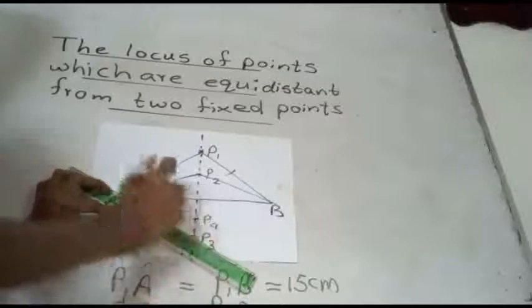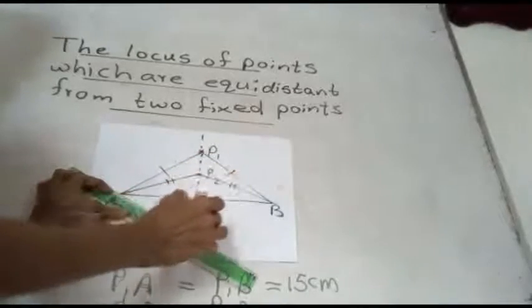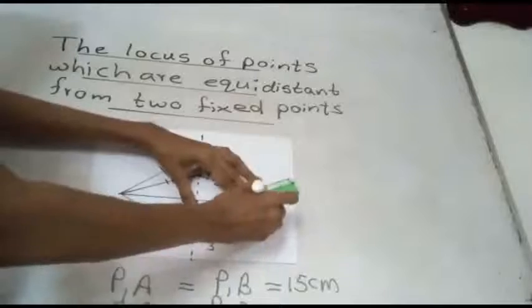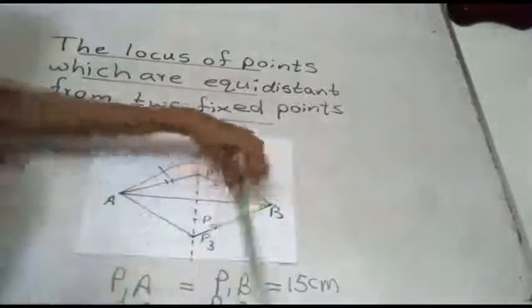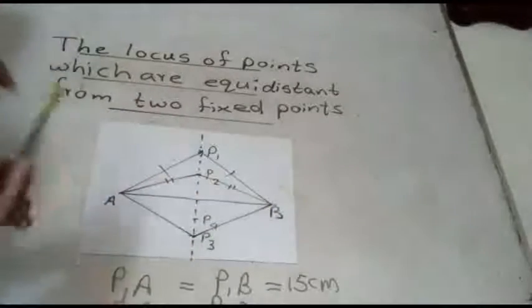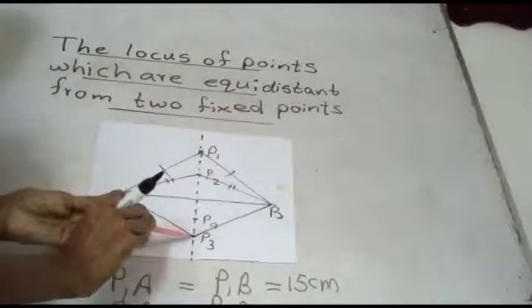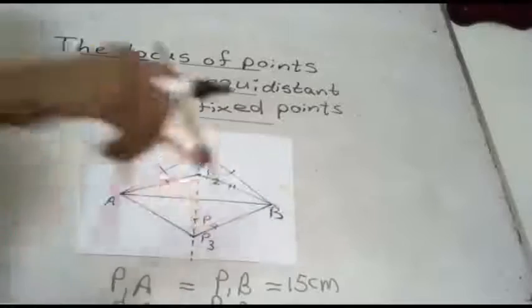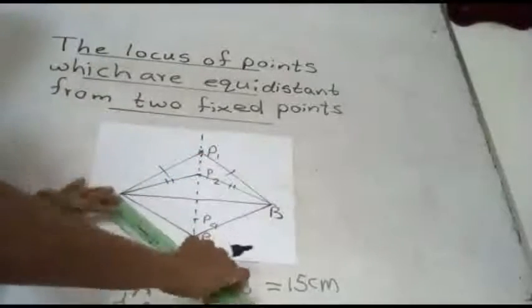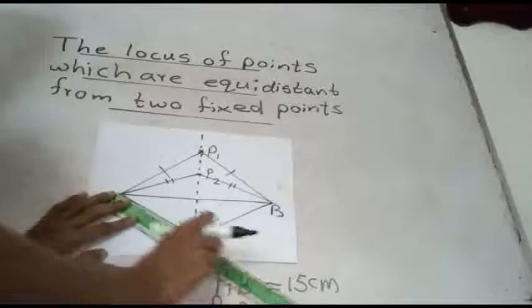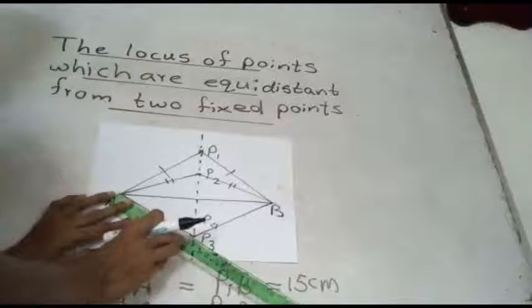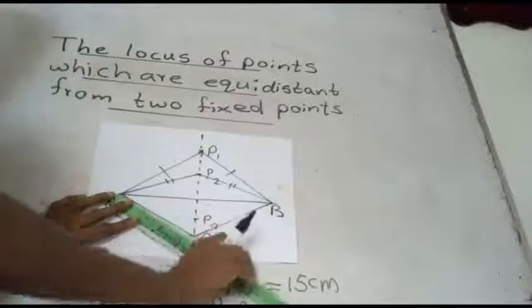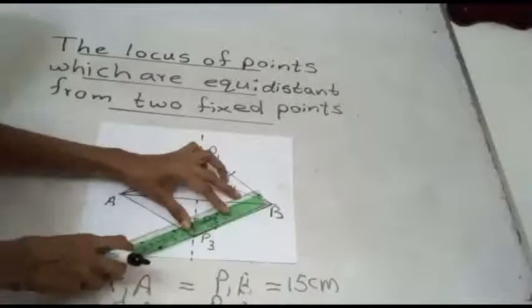P3A, P3B. You measure and write the length. P3A equals P3B. P3A is 9 centimeters.